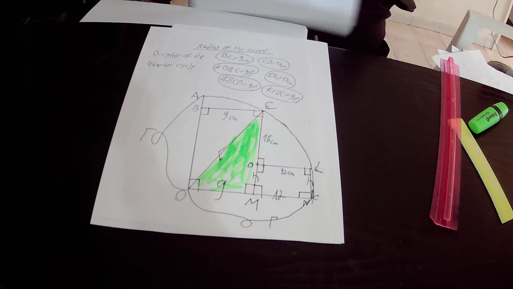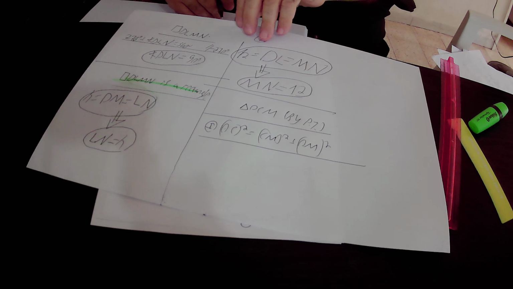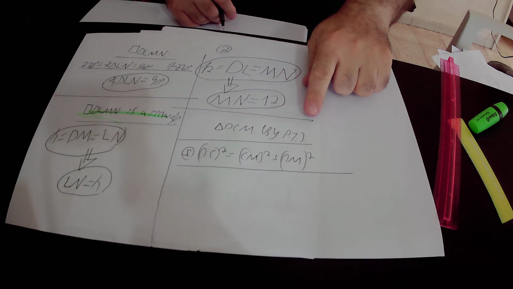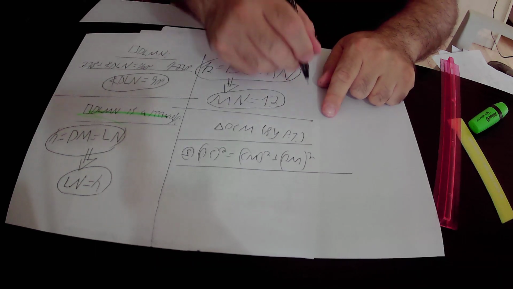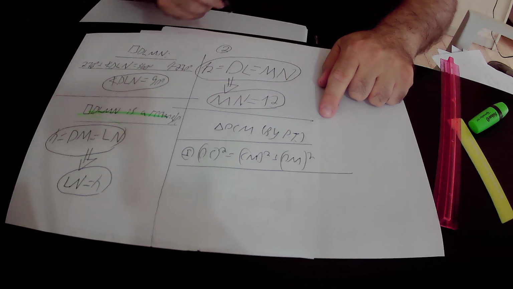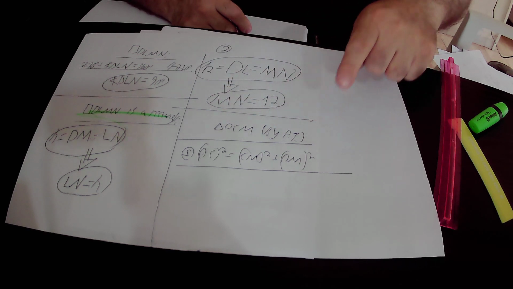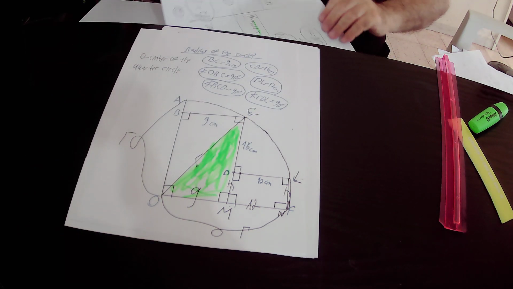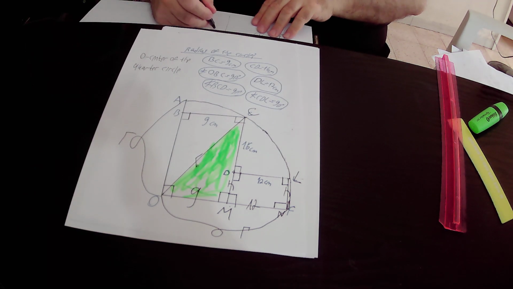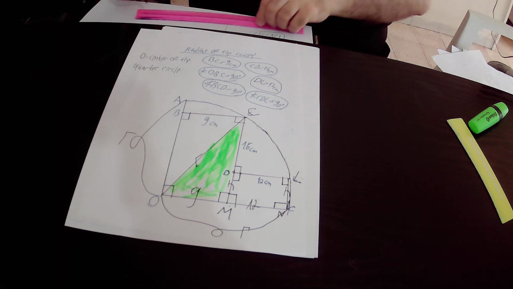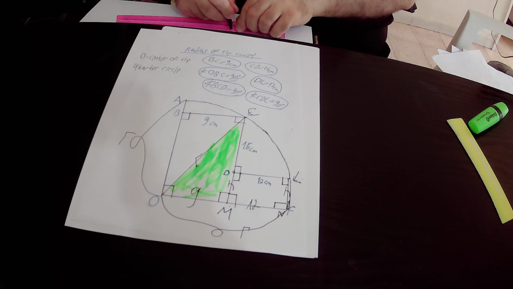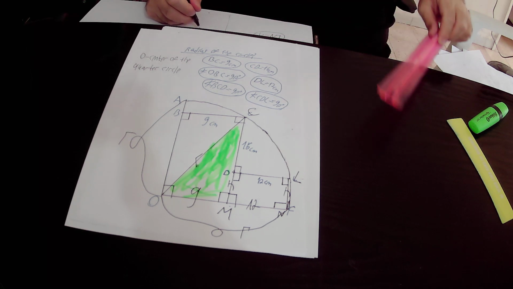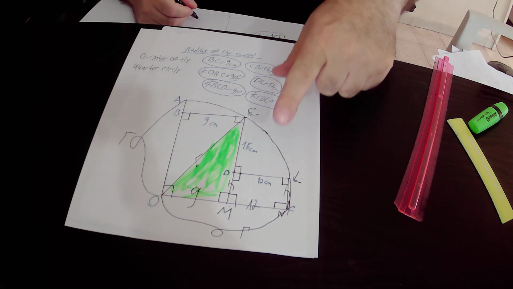I repeat again. The right green triangle OCM, according to the Pythagoras theorem, PT is the abbreviation for Pythagoras theorem: OC square equals CM square plus OM square. So OC is R, therefore OC square is R square, and it must be equal to CM square.